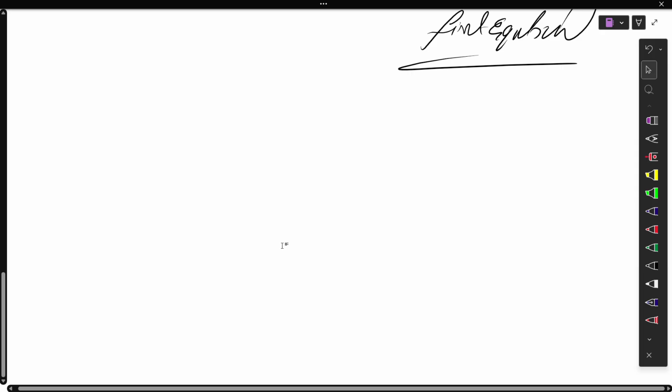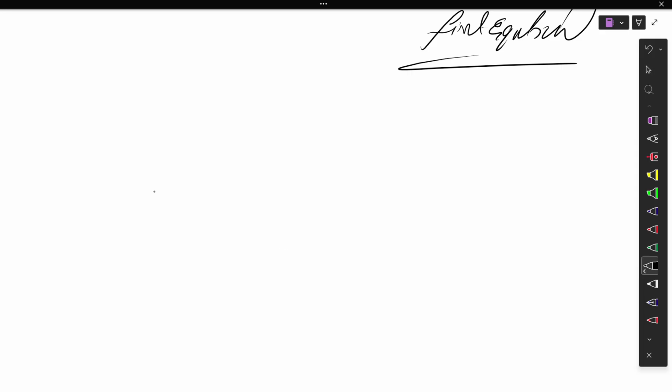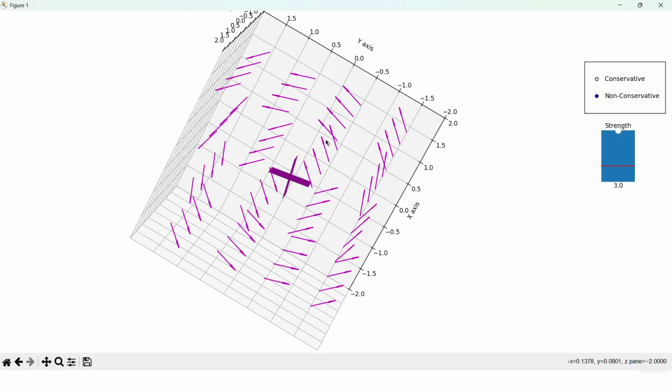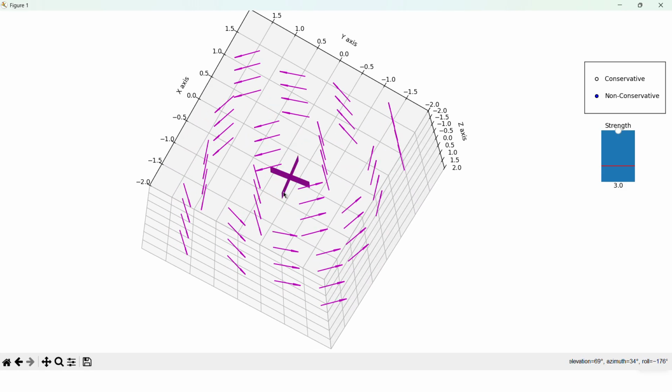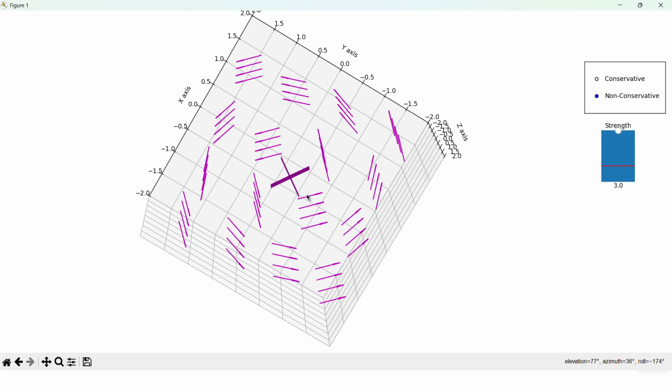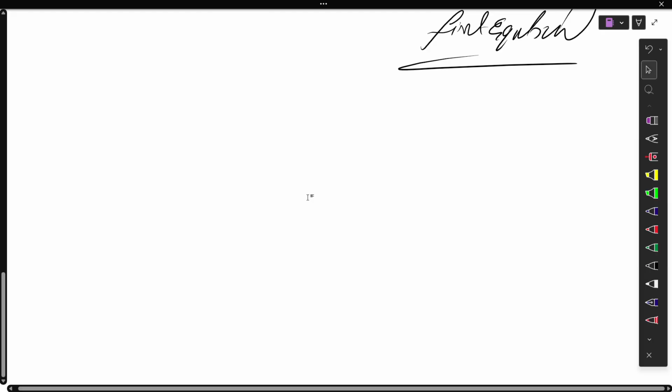Then, of course, we all know Faraday's law. And this is one of the points to be noted, that not all electric fields are conservative, and in case it is causing a rotational effect, as you can see there, the paddle wheel is rotating. What is the example? The best example is Faraday's law.